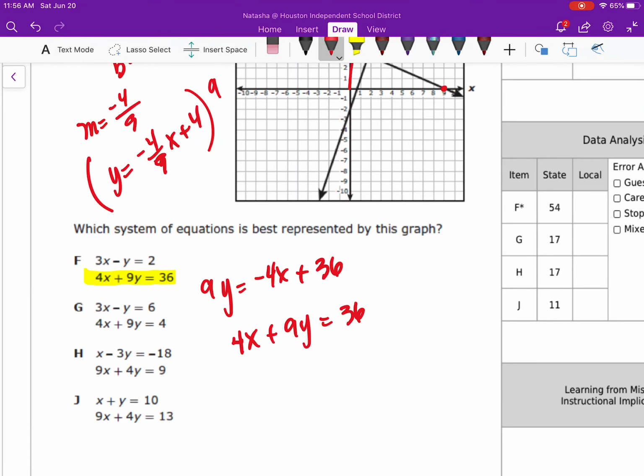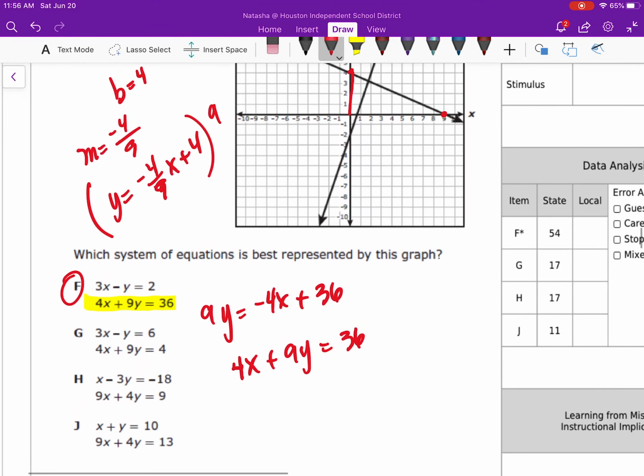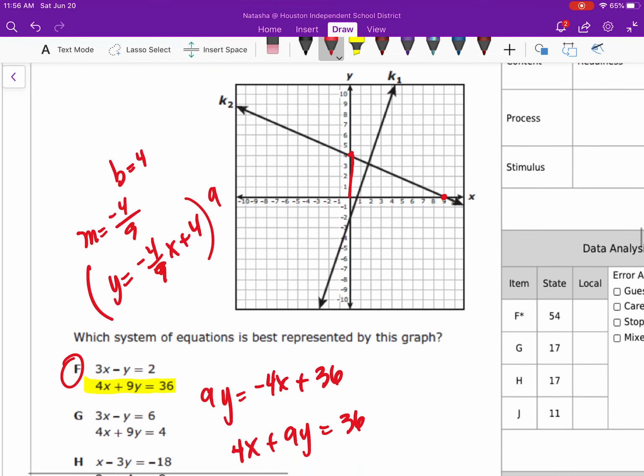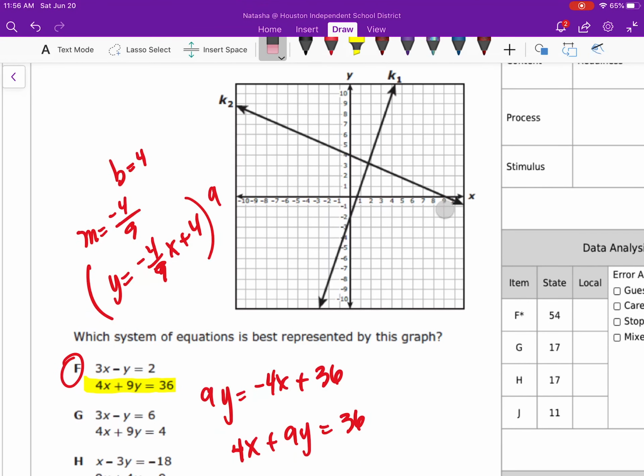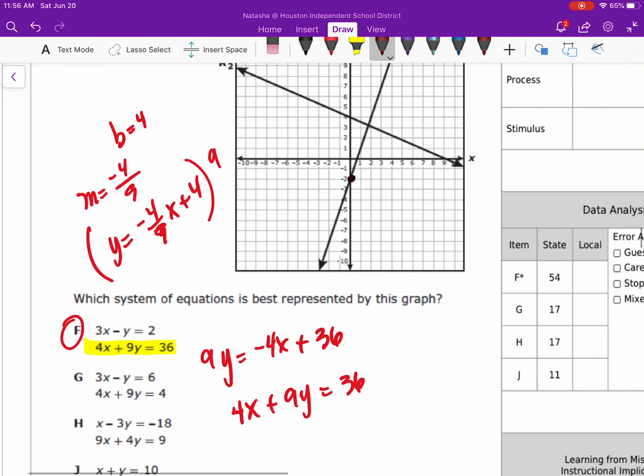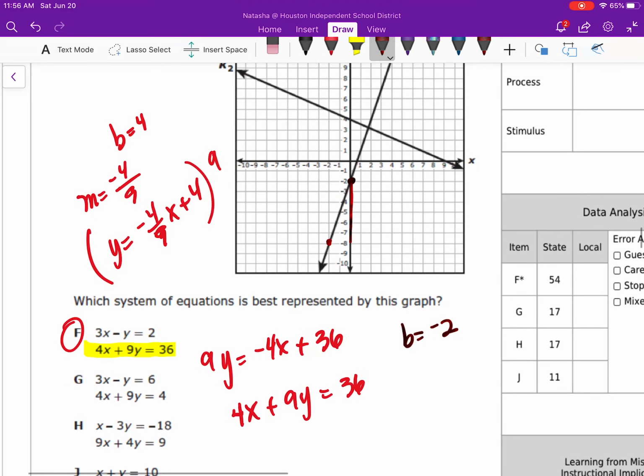Let's double check, because that means that F should be our answer. That means our other equation should be 3y minus 2. Let's check. So we have a y-intercept of negative 2. And let's see, we have a slope of, should be 1, 2, 3, 4, 5, 6.